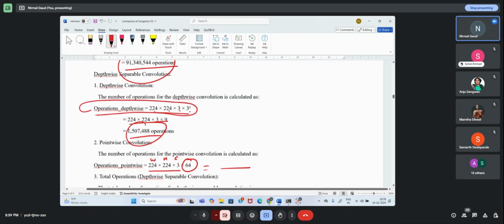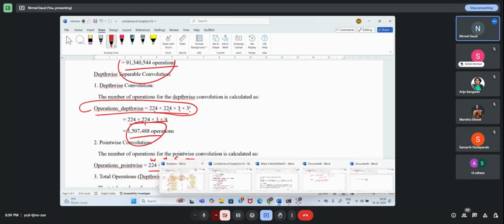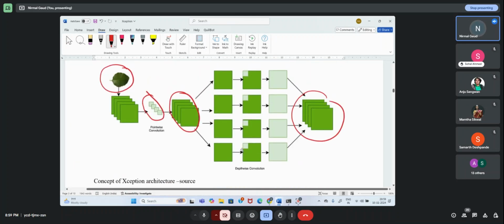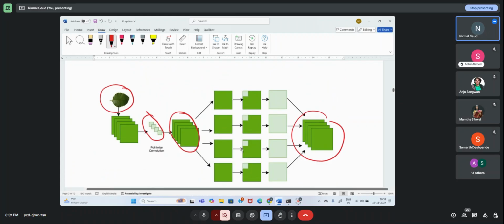Okay, again check the diagram. Here it is. You are having an image, and we are having an exception. They told we first perform pointwise. This is the matrix which you are going to get. Then you are separating it according to the channel.